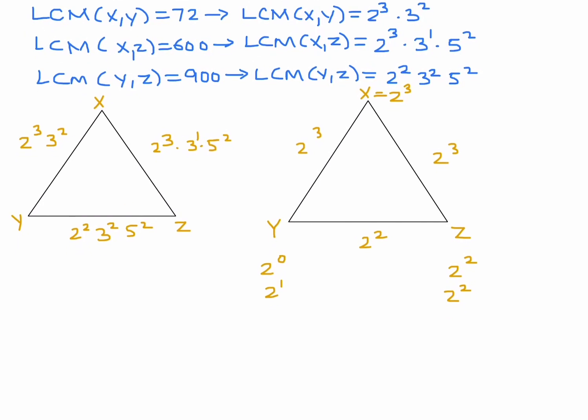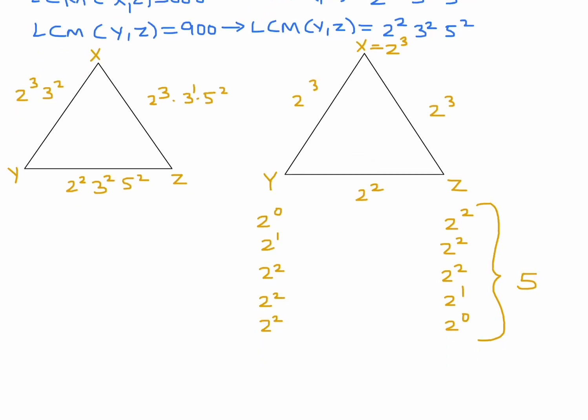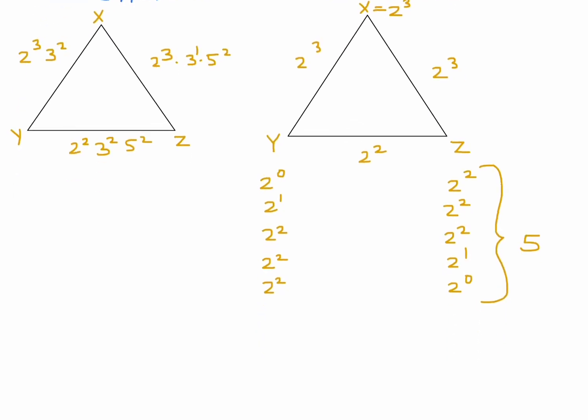Or it could be 2 to the power of 2 and 2 to the power of 2, 2 to the power of 2 and 2 to the power of 1, or 2 to the power of 2 and 2 to the power of 0. Any of these would satisfy y and z having an LCM of 2 to the power of 2. And as you can see, there's 5 such ways of creating y and z. All right, so now that's pretty good.